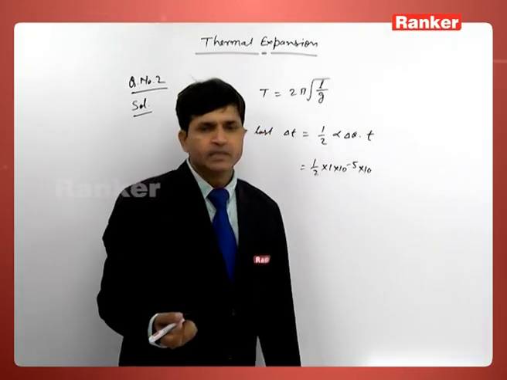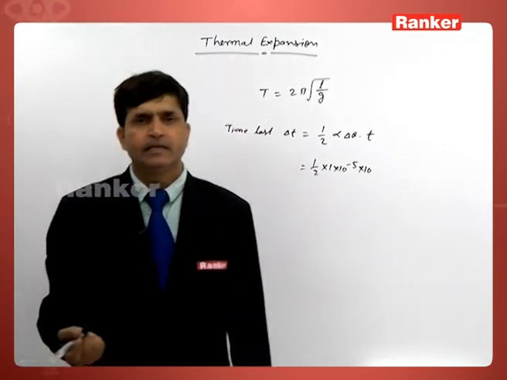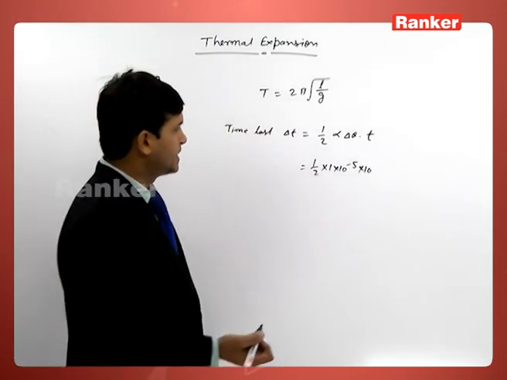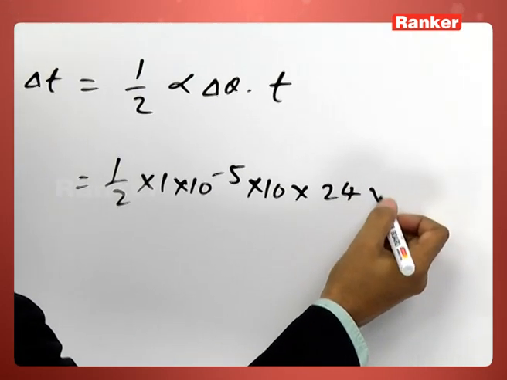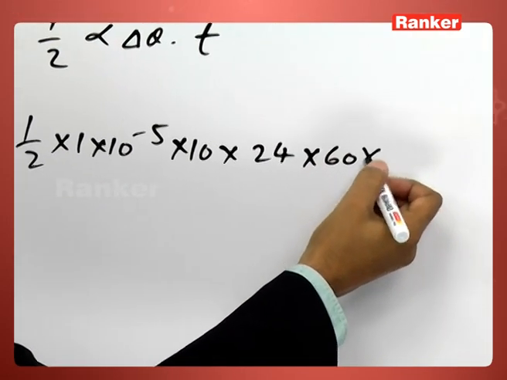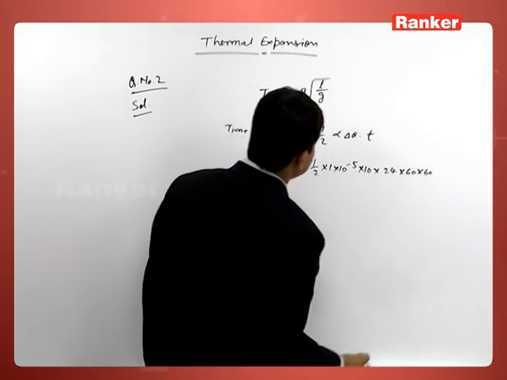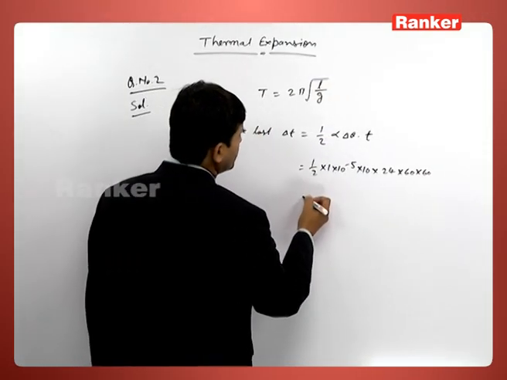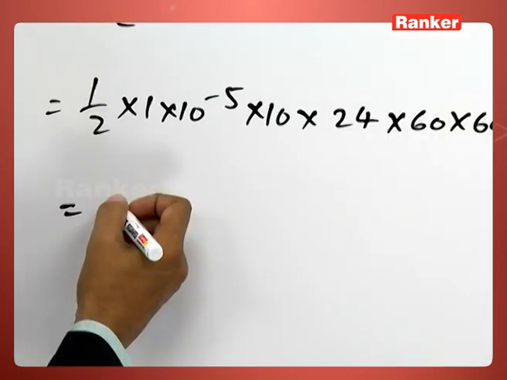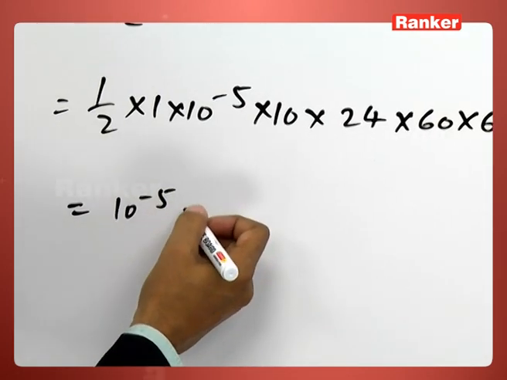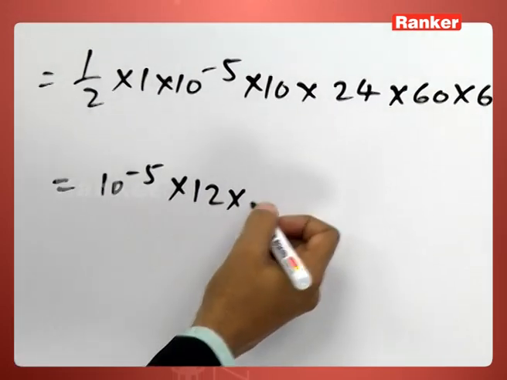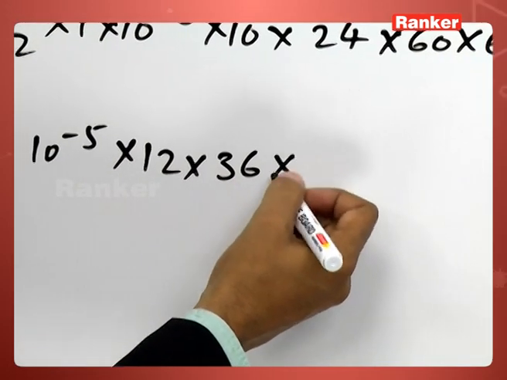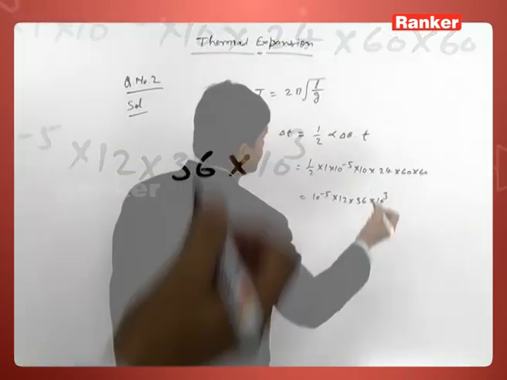And the time they are asking for is 1 day. 1 day we will convert into seconds: 24 hours, 60 minutes, 60 seconds. Now we will simplify this one. Half into 10 to the power minus 5 into 10 into 24 into 3600, that is 12 into 36 into 10 to the power 3.